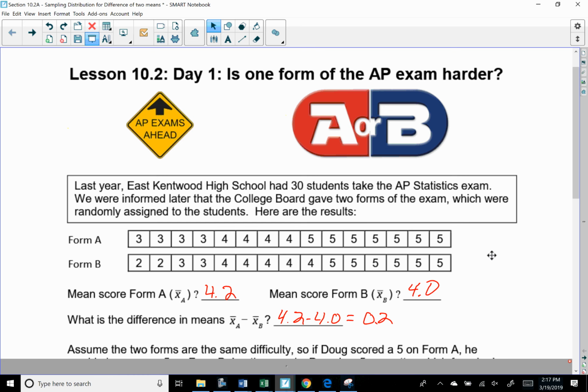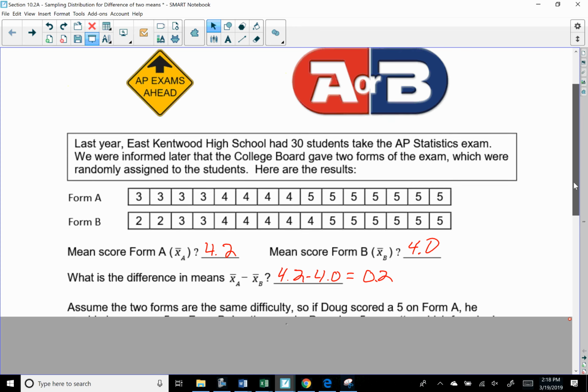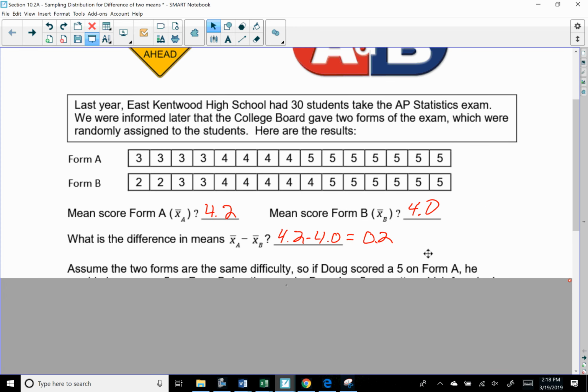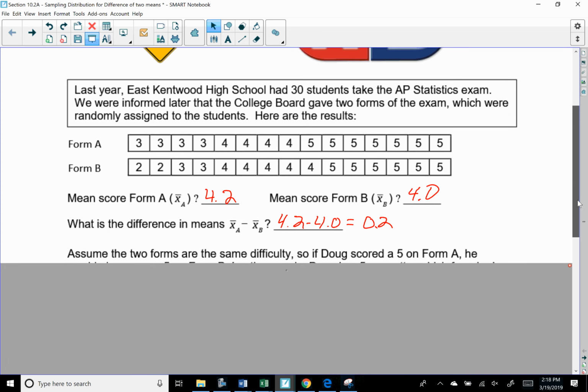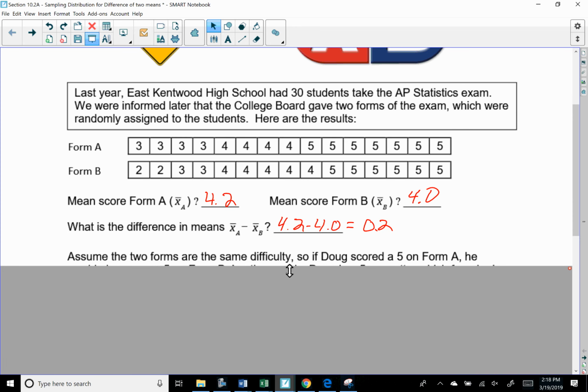So how could we test this? We could run a simulation, create sample differences, and see if we run into a similar result.